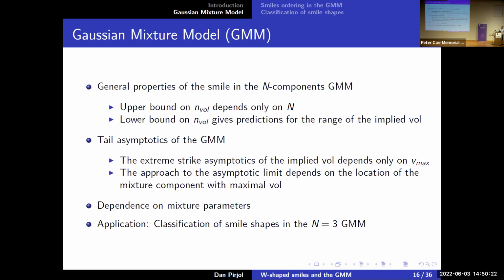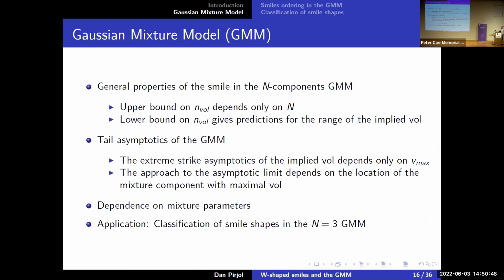For this model, the upper bound on the number of crossings of the smile depends only on the number of mixture components. And the lower bound can be used to give predictions for the range of the implied vols in the model. We also make predictions about the tail asymptotics, what happens to the smile in the very large and very small strike regions.